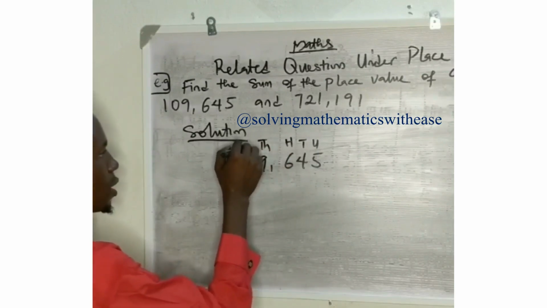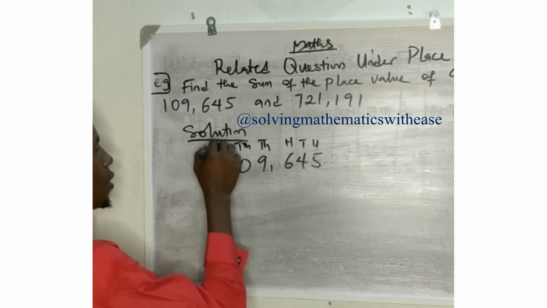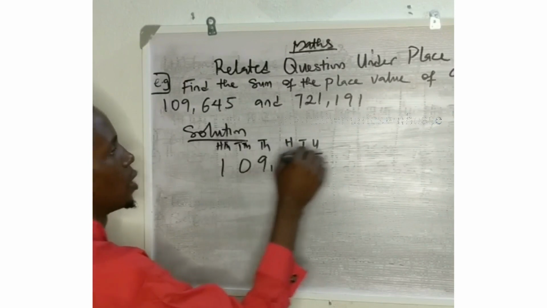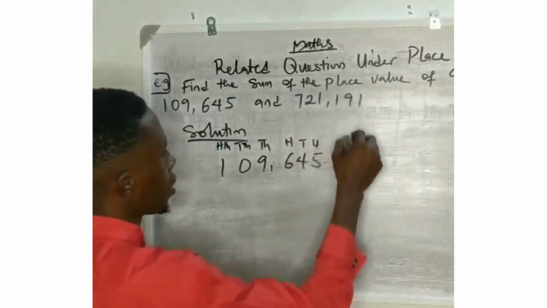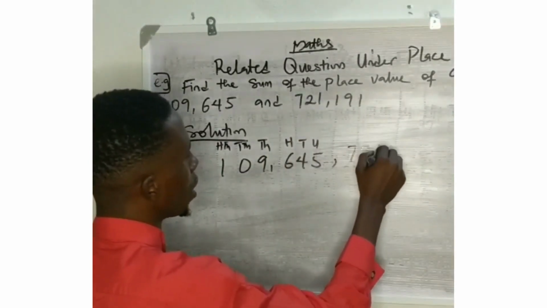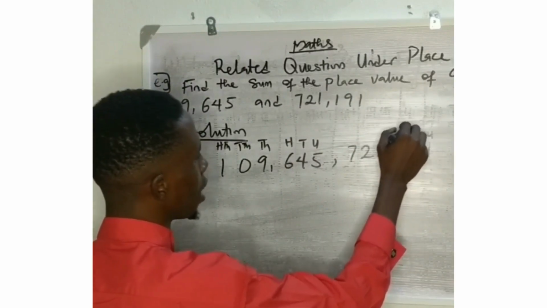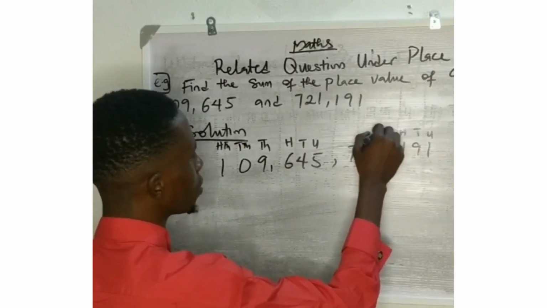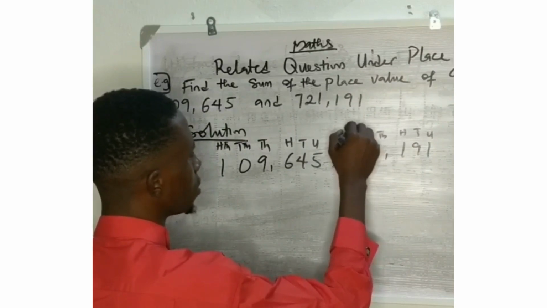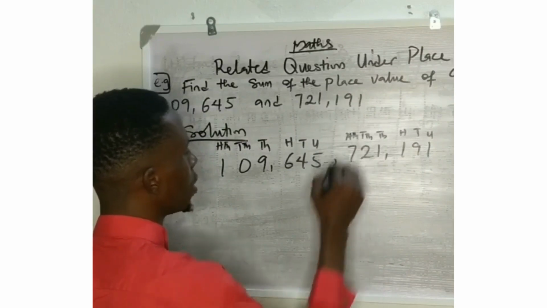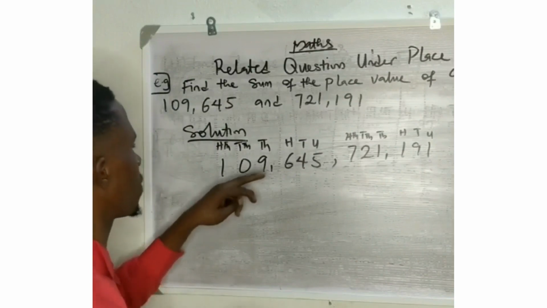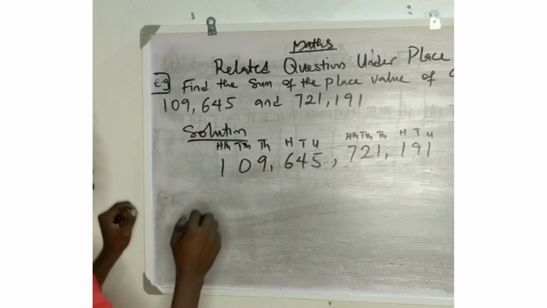You have tens of thousand, you have hundreds of thousand. So this is for the first number. Then the second number we have 721191. We have units, tens, hundreds, thousand, tens of thousand, hundreds of thousand. Now, what is the place value of 9 in this first number?